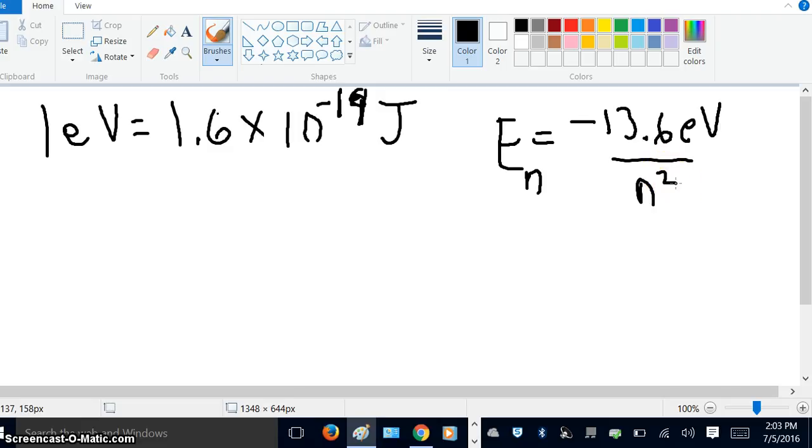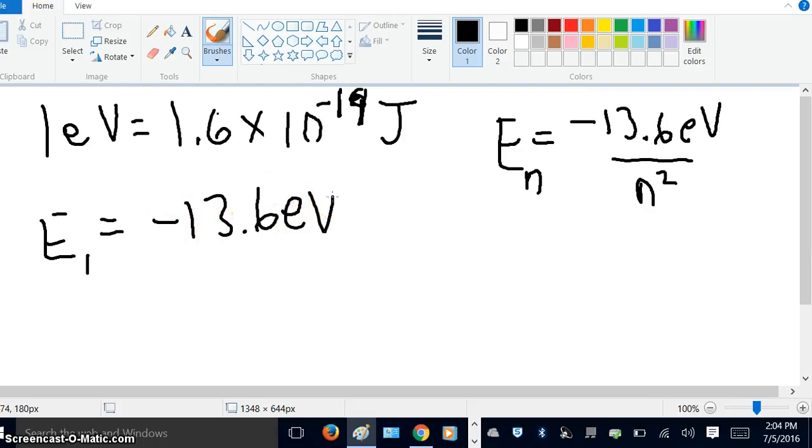So for example, if the electron is in the ground state, E1, that's pretty easy. The energy in the ground state is negative 13.6 electron volts divided by 1 squared. Of course, it's just negative 13.6.